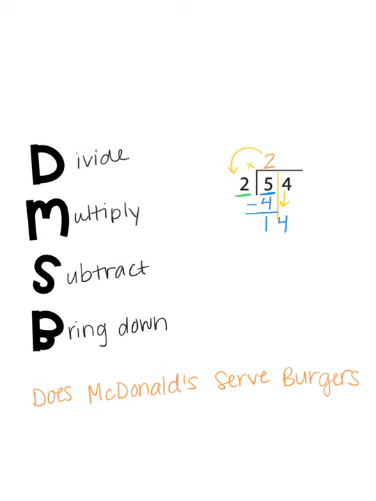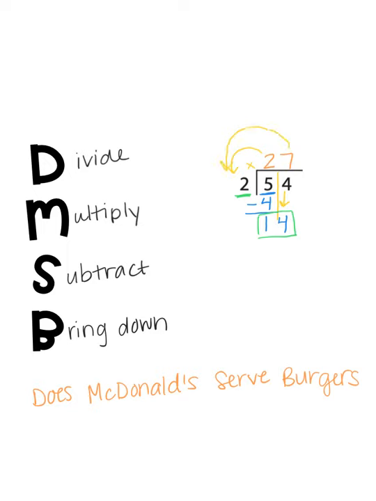Now I'm going to start over. So I'm going to see how many times the number 2 will fit inside the number 14. I know that 2 goes into the number 14 7 times. Then I need to multiply.